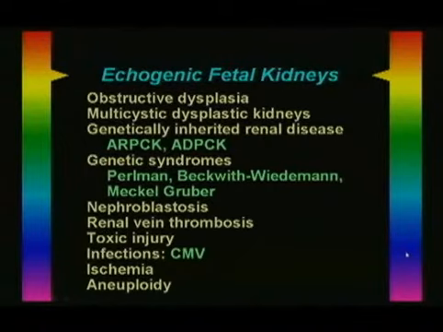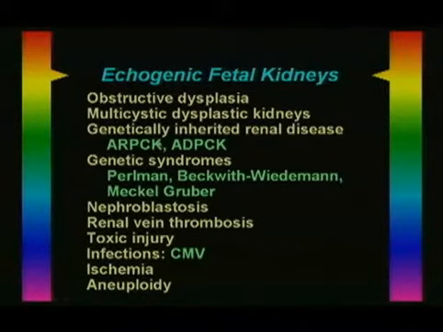When we see echogenic kidneys, we don't always know the cause, but we do need to consider the differential diagnosis, which I've listed here. And the differential diagnosis includes obstructive dysplasia, as I showed you with the obstructed hydronephrotic kidneys from posterior urethral valves. Sometimes multicystic dysplastic kidneys look like echogenic kidneys.